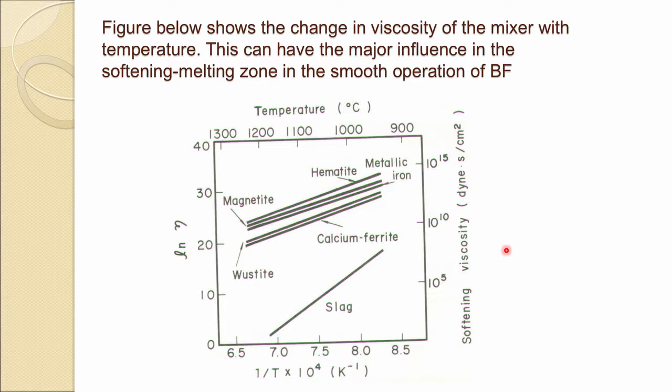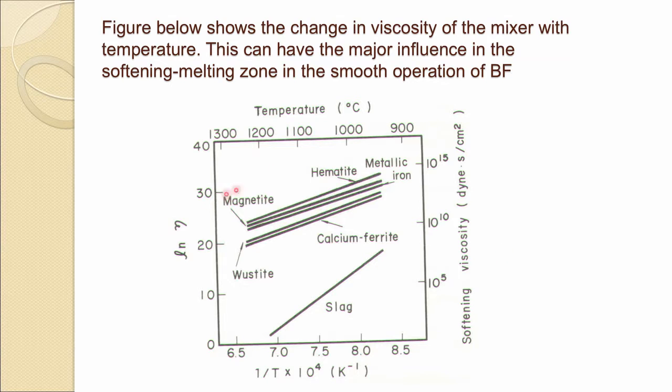It should be narrow. The softening is at which it becomes a fusion, or it starts a bit melting or liquid temperature, and melting is at which it becomes totally in the liquid form. So, that range of softening and melting should be narrow.